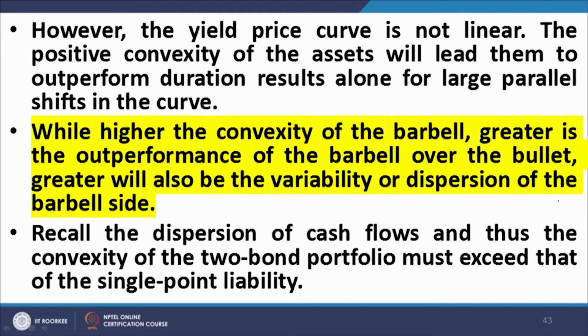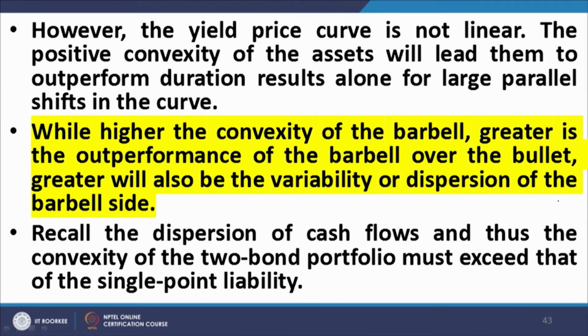So, let me read these 2 points again. However, the yield price curve is not linear. The positive convexity of the assets will lead them to outperform duration results alone for larger parallel shifts in the curve.